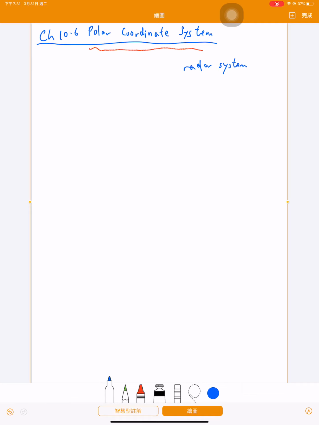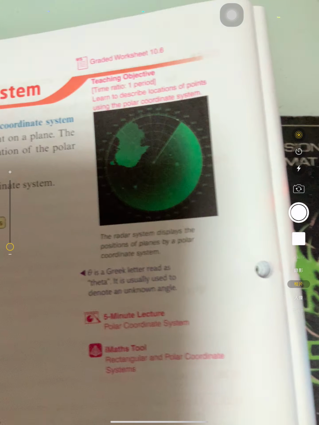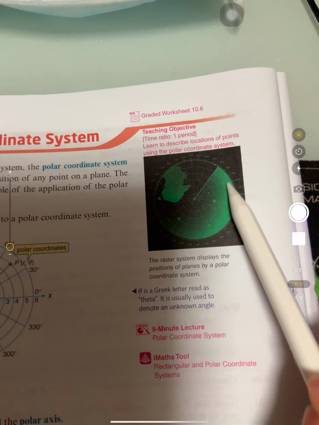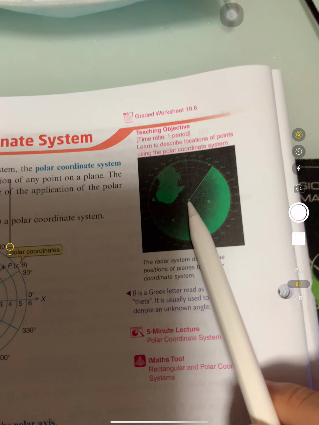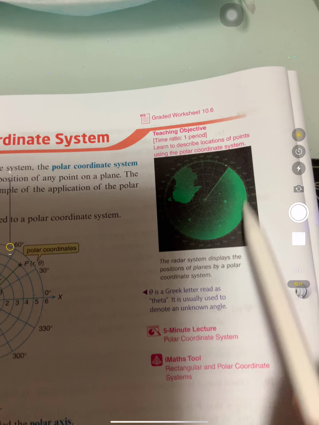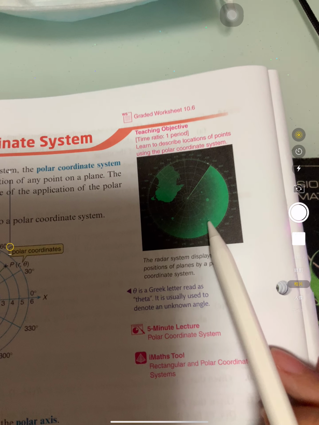Some of you may have a look at your book on page 52. You can see a radar. The observer is here and scans the whole part of the map, and maybe he can define someone here, or here, right?